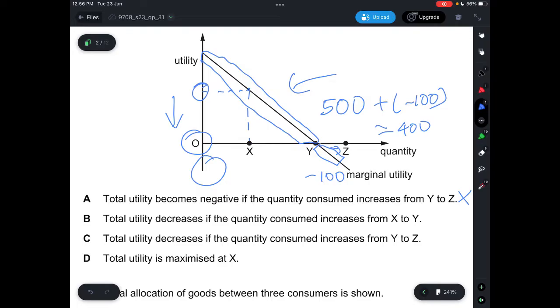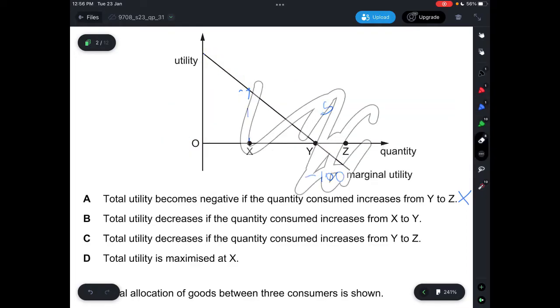Because the quantity is too small to justify that the total utility would change from a positive number to a negative number. It will still remain a positive number. And B, total utility decreases if the quantity consumed increases from X to Y, which is incorrect. I'll explain why.